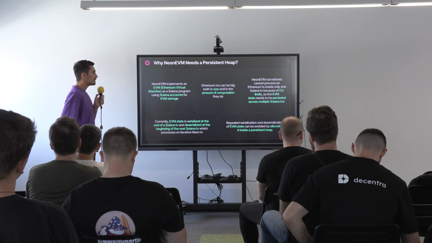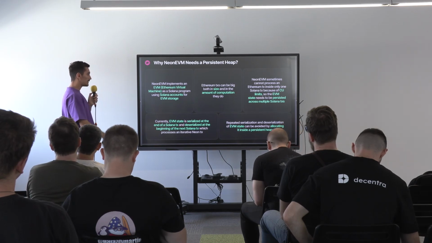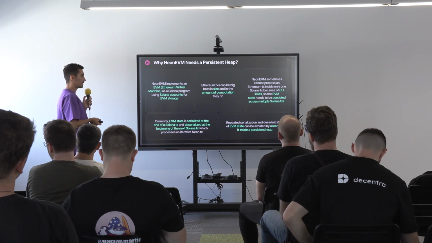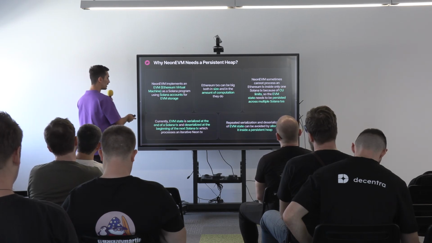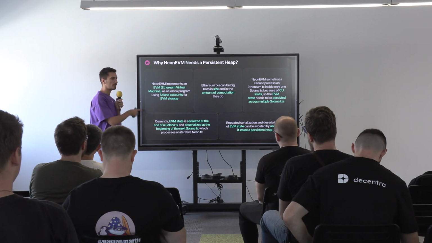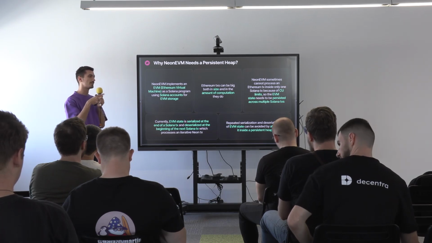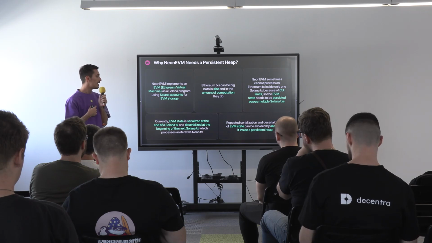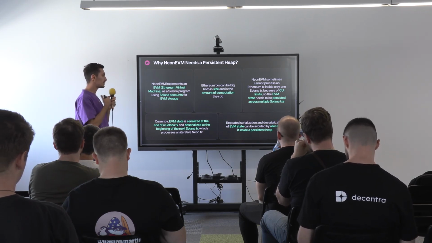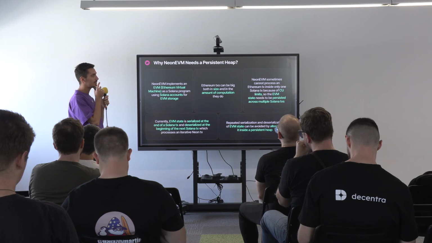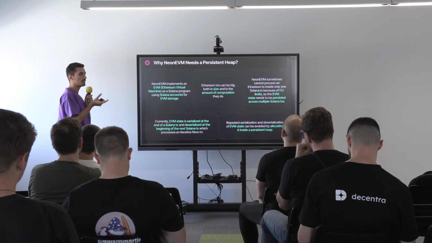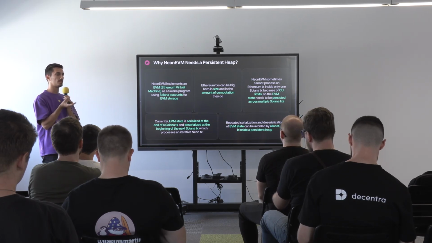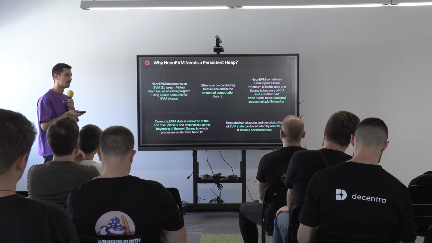Because of this, the EVM state needs to be persisted across multiple Solana transactions. How we do this at the moment is we serialize and deserialize the state of the EVM into a Solana account that is used as input for those transactions. And this repeated serialization and deserialization process by itself consumes compute units and can reduce the amount of actual computation that you can do in that Solana transaction.